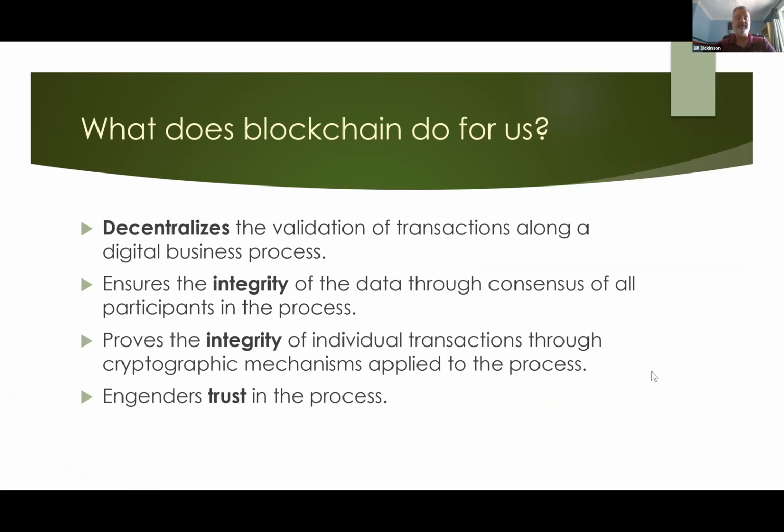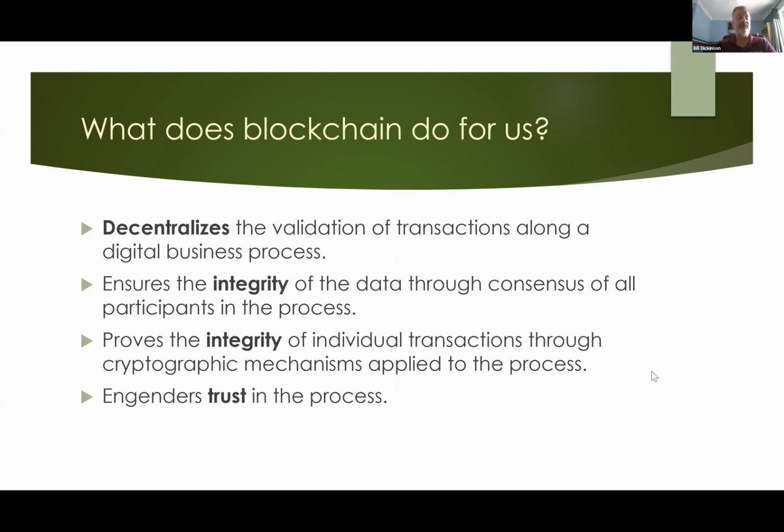So here we get to the basics of what the blockchain does for us when we're talking about solving particular business problems. We've got the decentralization, that provides the validation of the transactions. We've got a way of ensuring the integrity of the data through consensus.